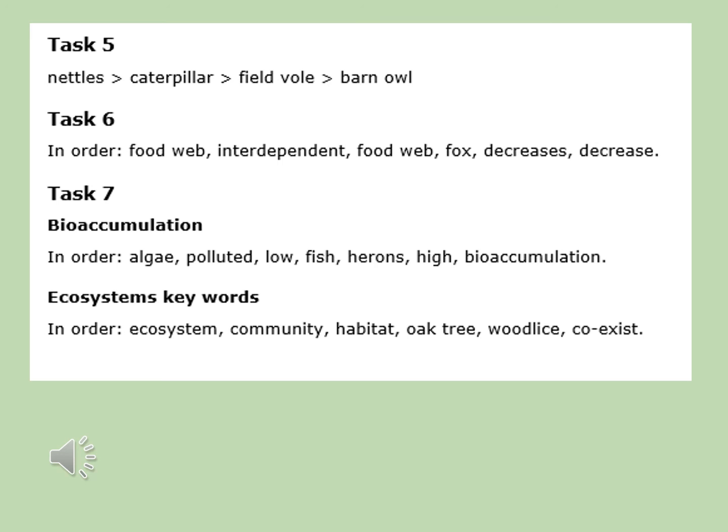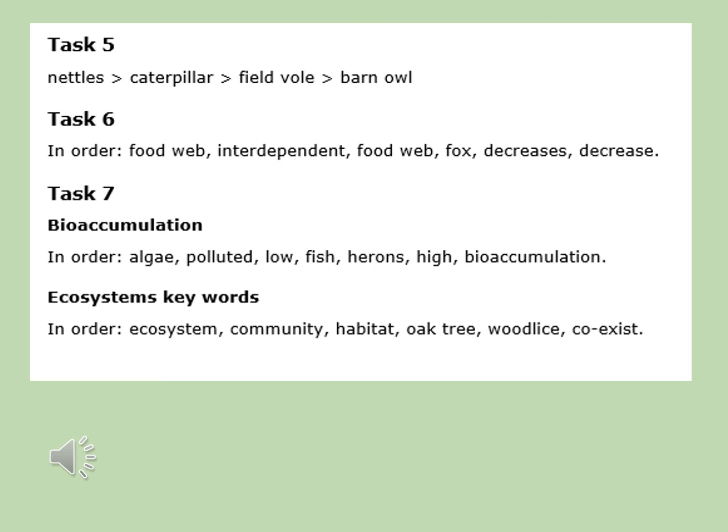The barn owl is the tertiary consumer, also a carnivore. He would be the top predator here, whereas the caterpillar would be the prey. And the field vole would be the prey for the barn owl.